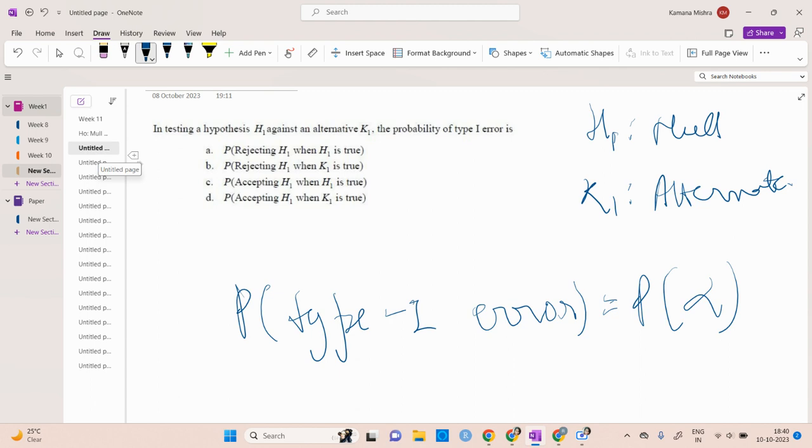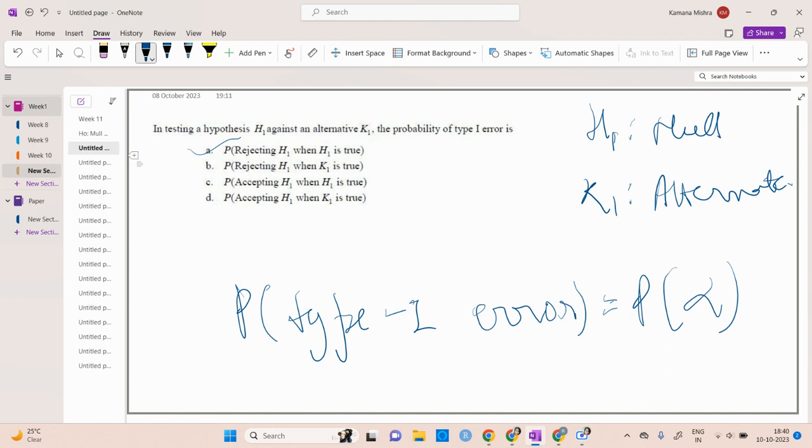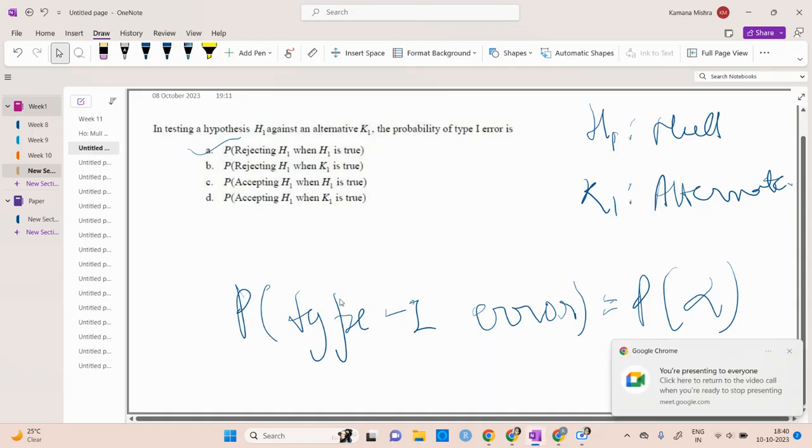This one is type 1 error. Right. So this one will be the answer. These are very basic questions, just on the basis of the notes I have told you, right?